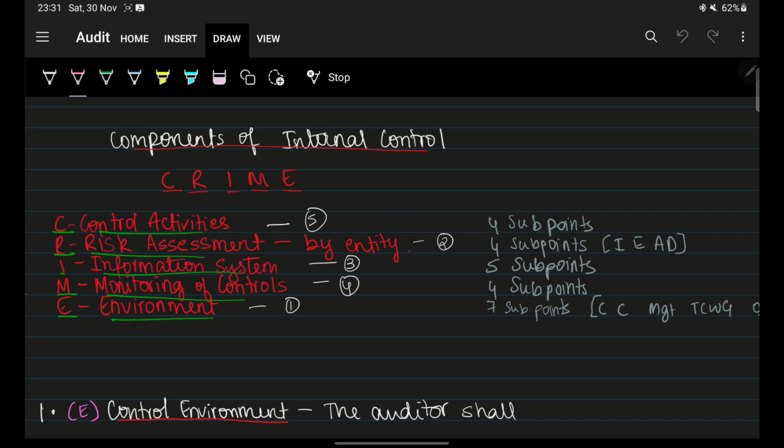Each of these headings have their own subheadings. We're going to start off with the control environment, which has 7 subpoints. Which is quite a bit, but it's going to be very easy. I'm going to help you memorize it. Without any further ado, let's just start.